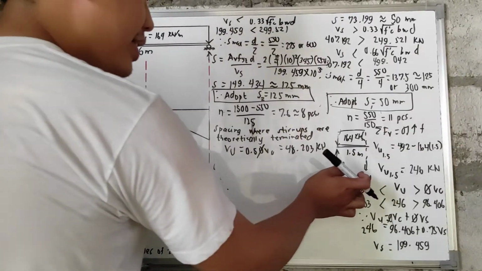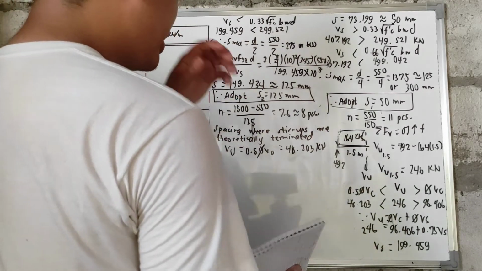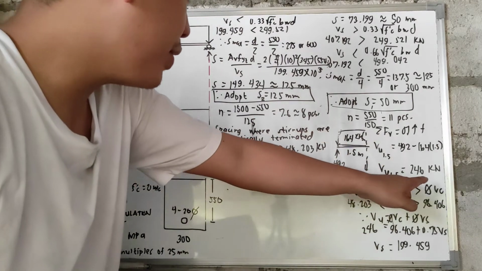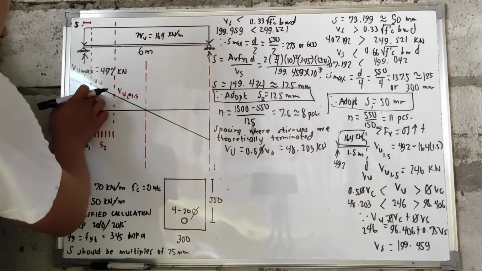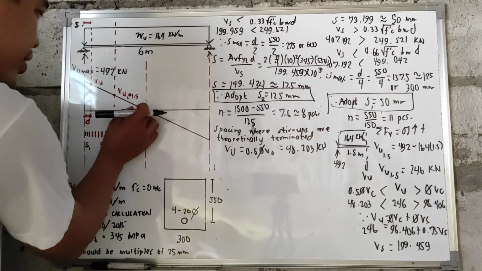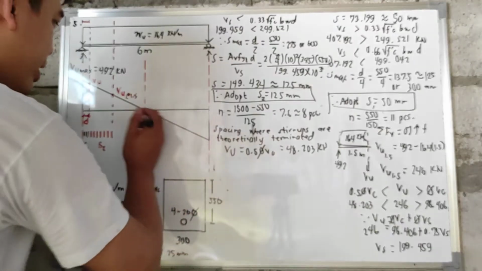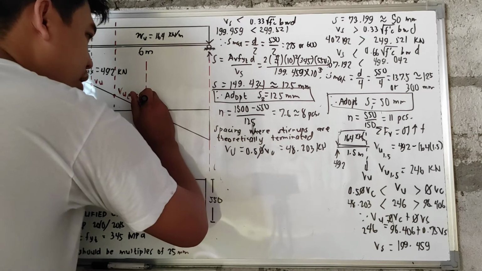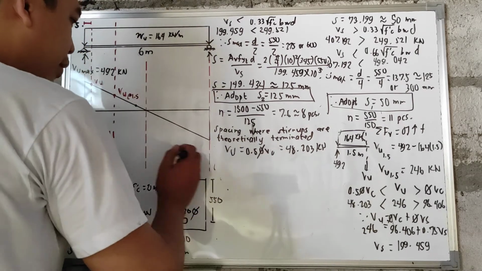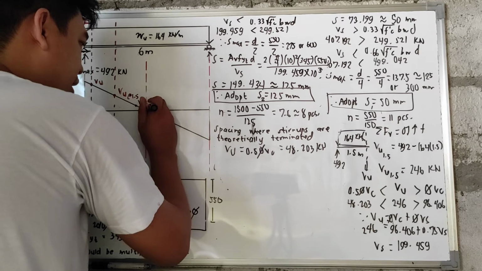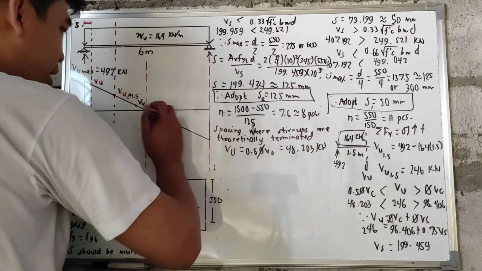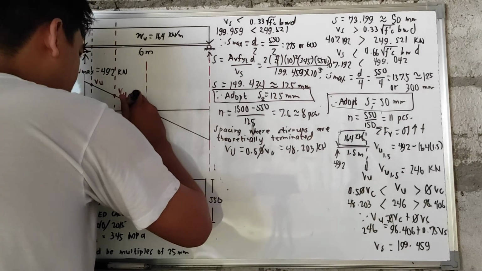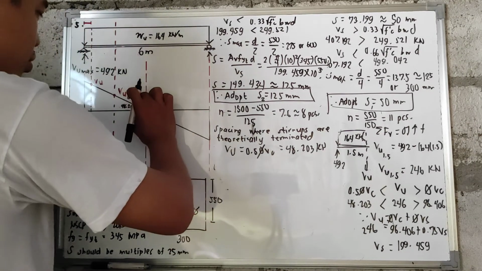Kasi yung VU natin sa 1.5, that is equivalent to 246. Diba? So, 246 dito. So, somewhere here, nandito yung 48 natin. At this distance, nandito yung VU natin na 48. Yung taas niya is 48.203.